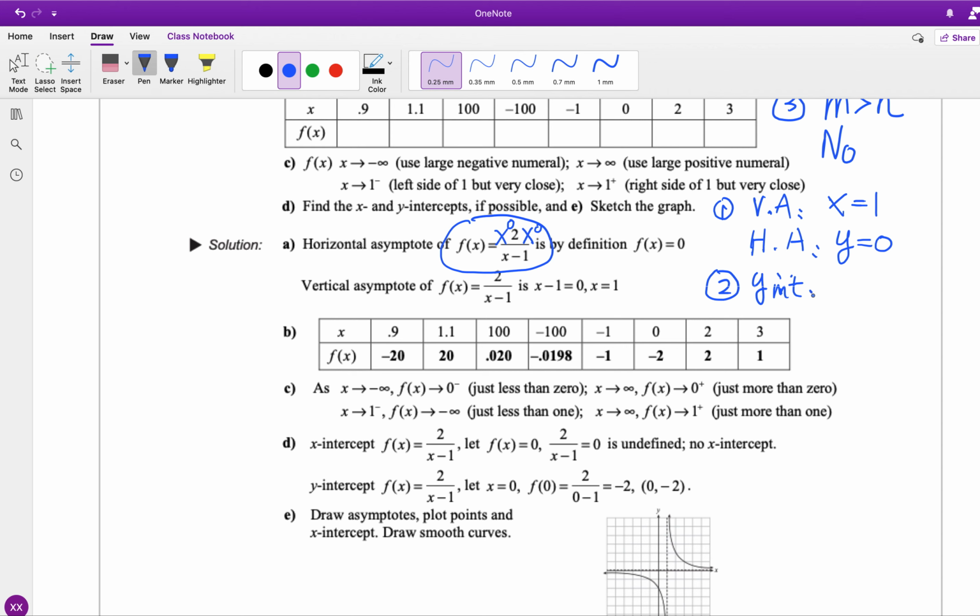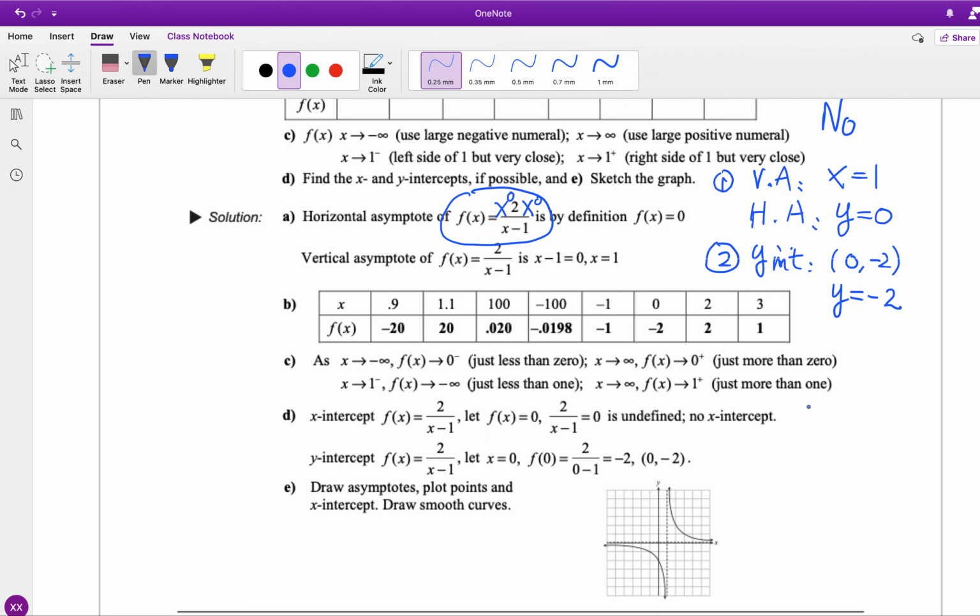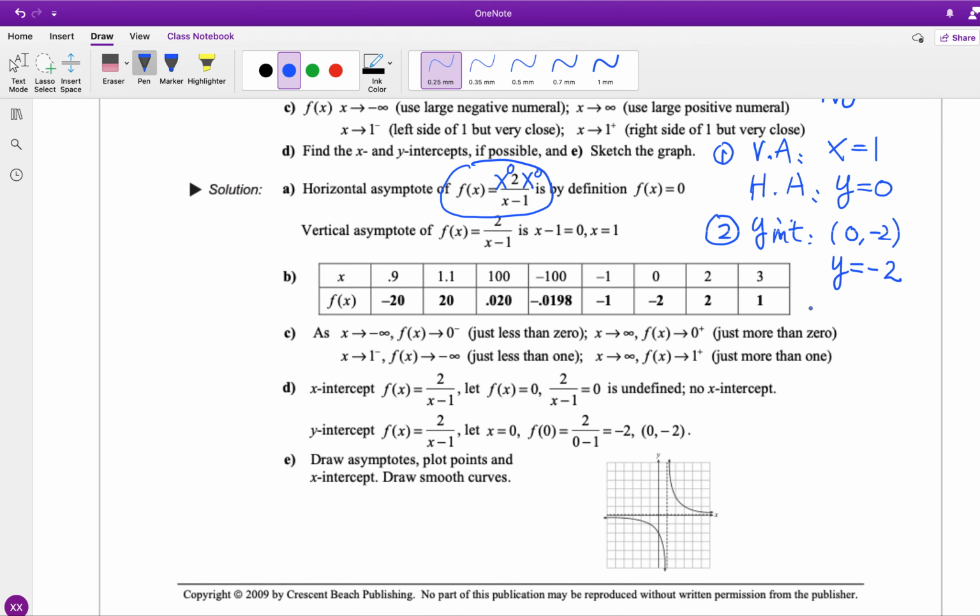That means when x equals 0, y equals negative 2. So this is negative 2, and that is the y-intercept. Another way to write it is the y-intercept is y equals negative 2. Okay, so then let's see what the x-intercept is.